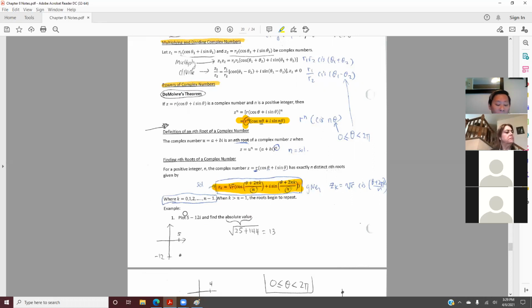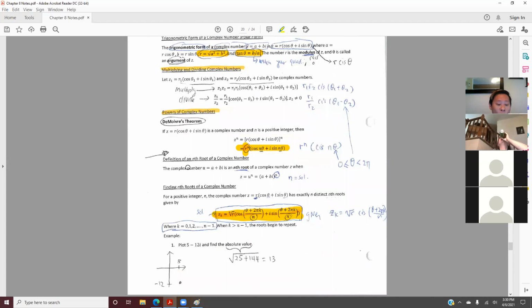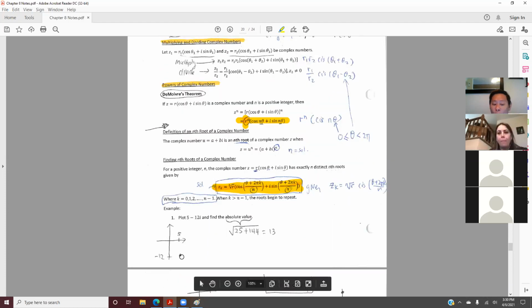I would recommend you watch a video. Yes, I do have a video for applying this last formula. Section 8.6 is not difficult. The only difficult part is to watch what quadrant it belongs to, because it has a domino effect. If your theta is wrong, everything is wrong.